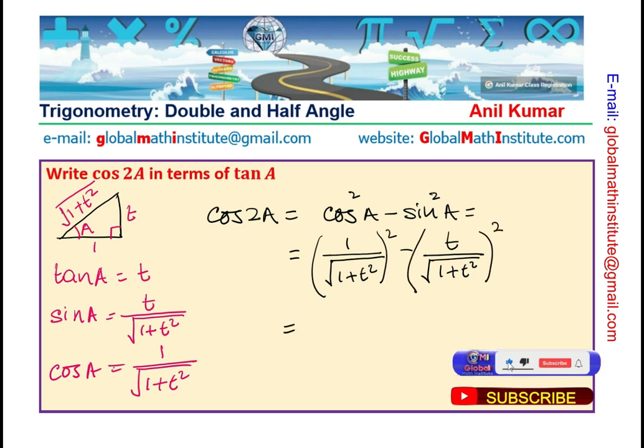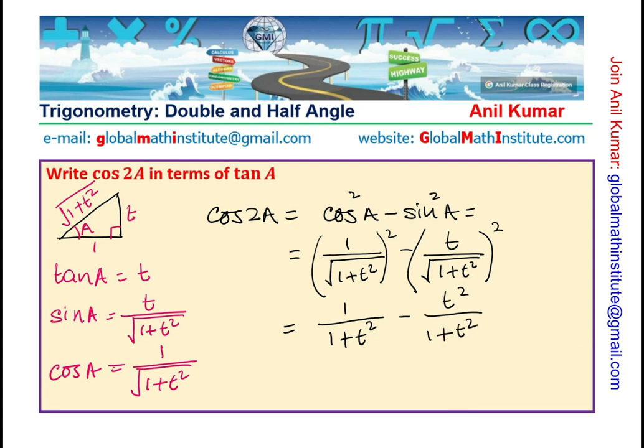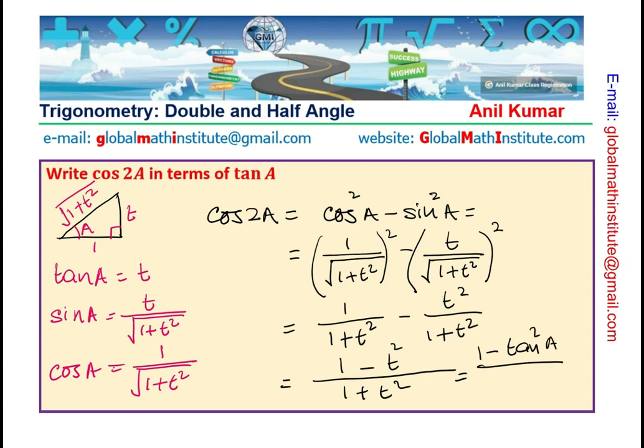And now it is 1 over 1 plus t square minus t square over 1 plus t square, which gives you common denominator of 1 plus t square, and the numerator we have 1 minus t square. T is tan, right? So we get 1 minus tan square A over 1 plus tan square A. Makes sense? Correct. So we got the same result, different method.